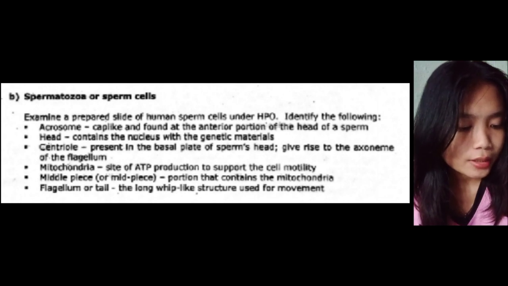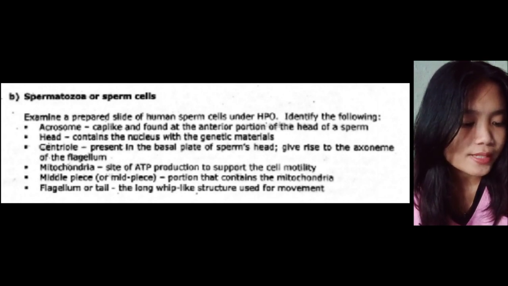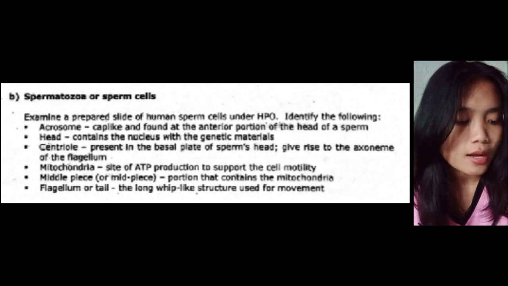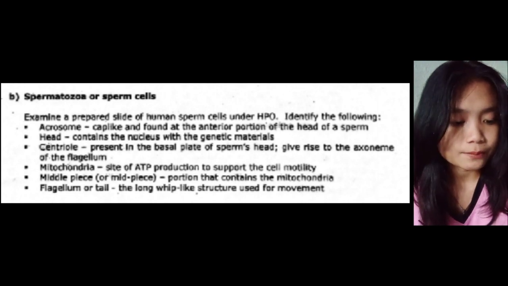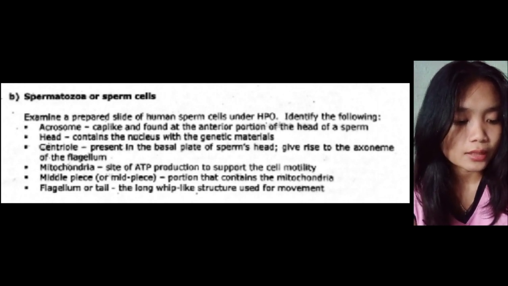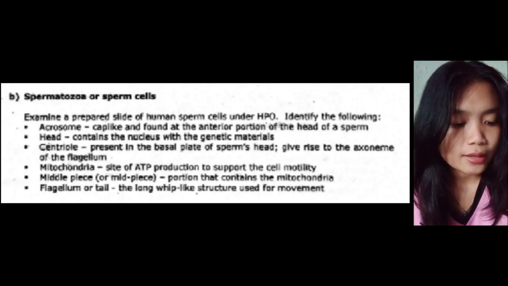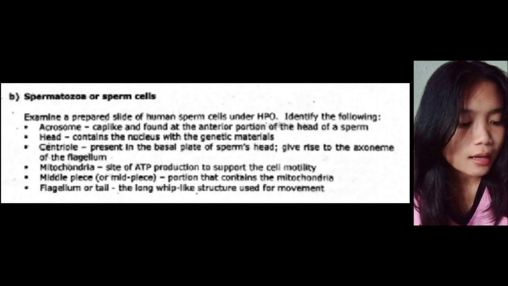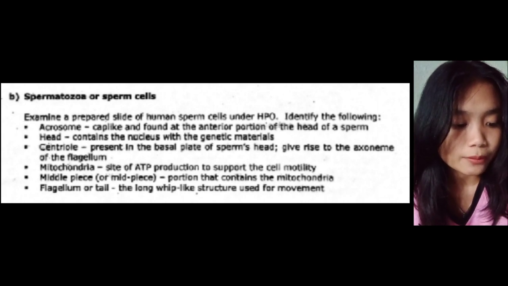So letter B, spermatozoa or sperm cell. Examine a prepared slide of human sperm cells under HPO. Identify the following. We have acrosome, cup-like and found at the anterior portion of the head of a sperm.